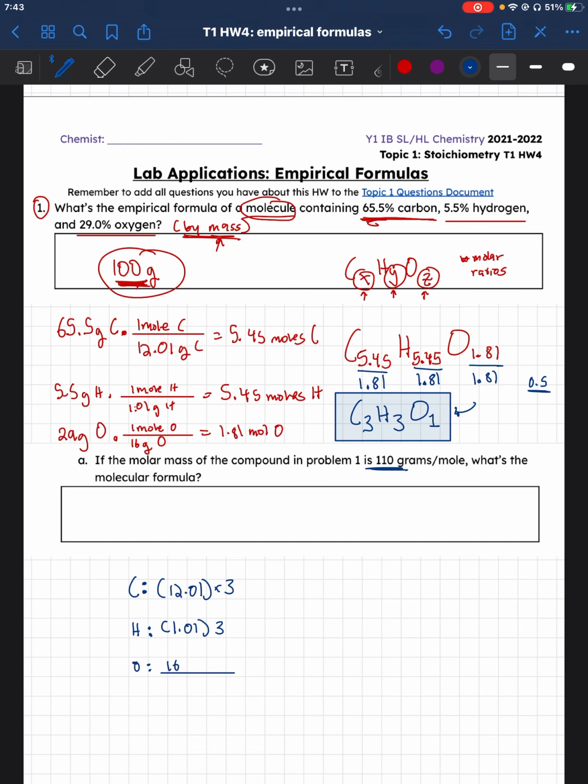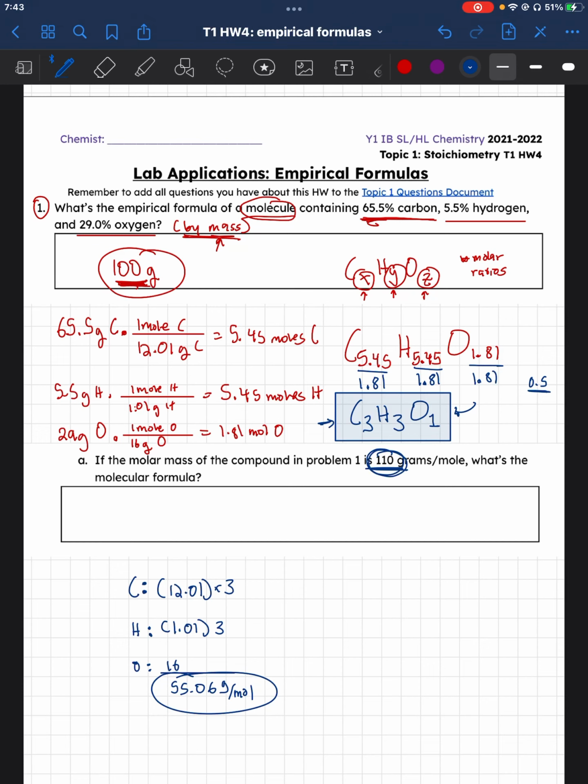All right, and now let's throw this in my calculator. 3 times 12.01 plus 3.03 plus 16. And I get 55.06.